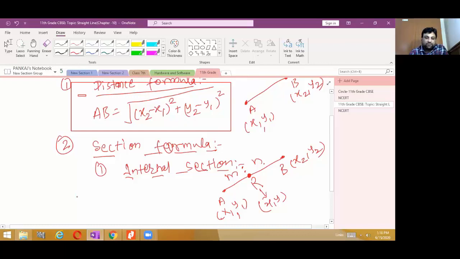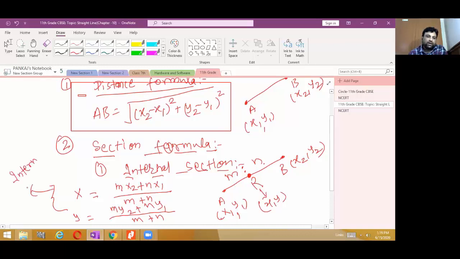So we have learned that x, the coordinate of R we want to find, is equal to (mx2 plus nx1) divided by (m plus n), and y is equal to (my2 plus ny1) divided by (m plus n). So this formula is called the internal division formula or internal section formula. Got it?